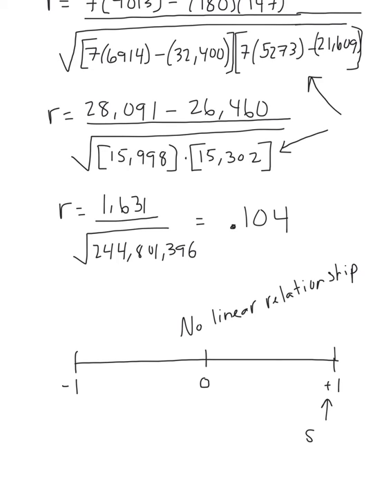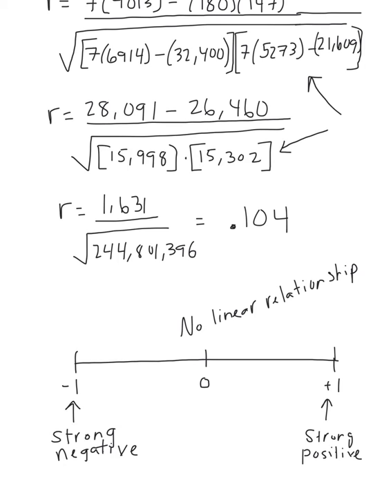Or we could say that it's a strong positive linear relationship. It's strong because it's close to 1, and it's positive because it's a plus sign. If it's negative 1, it's also going to be strong because it's close to negative 1, and it's a negative linear relationship, negative because of the negative sign.